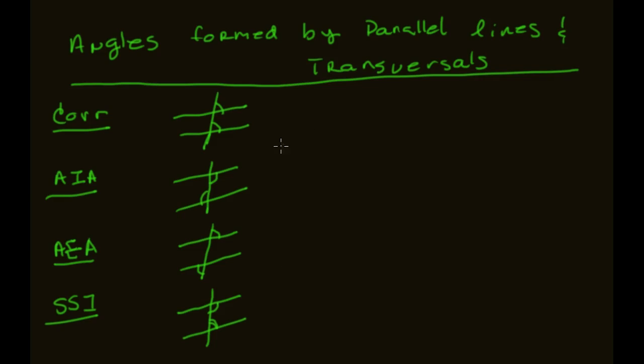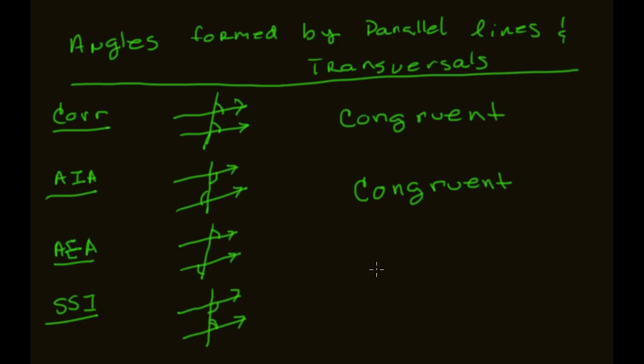Now, here's the thing. If these lines are in fact parallel, we get some information about these angles. If they're parallel and we have corresponding angles, then the angles are congruent. Same with alternate interior angles, and same with alternate exterior angles.